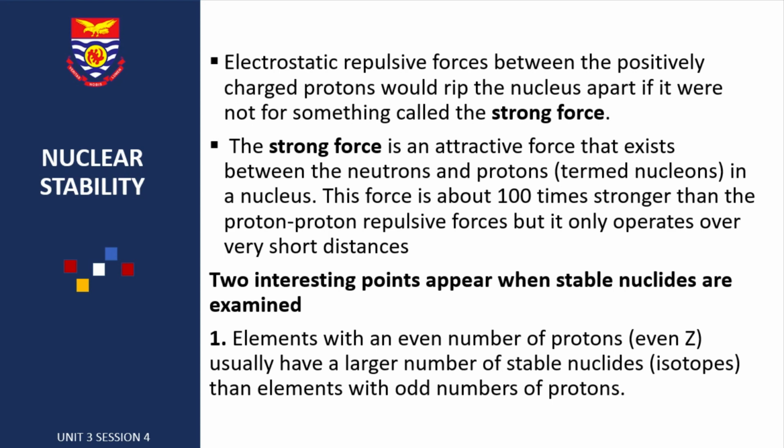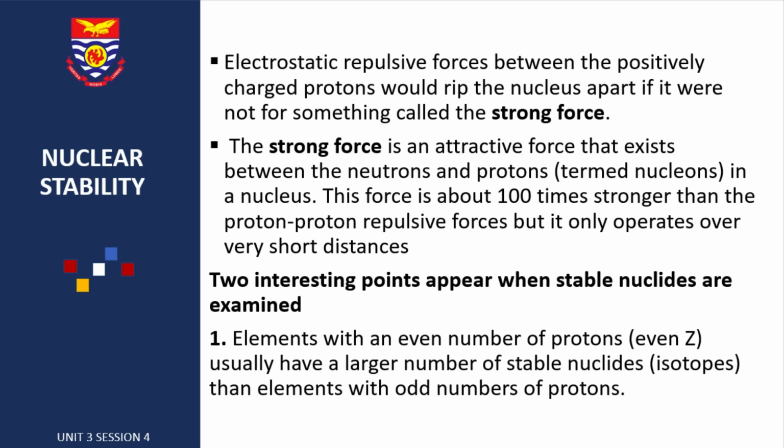When we study the stability of nuclides, there are two interesting points that appear. One of them is that elements with an even number of protons, that is, Z is even, including 2, 4, 6, 8, 10, and so on, usually have a large number of stable nuclei; they are able to form more stable isotopes than elements with an odd number of protons.